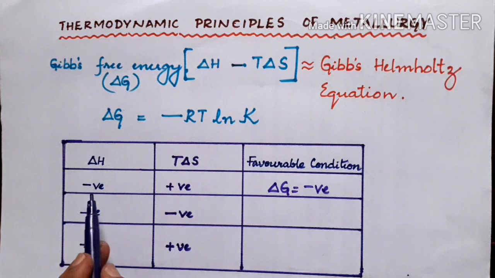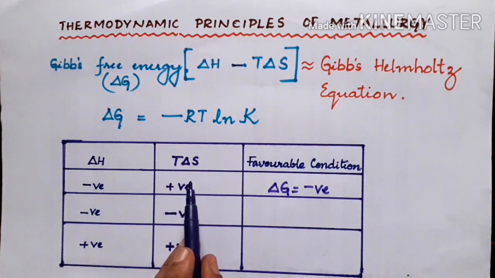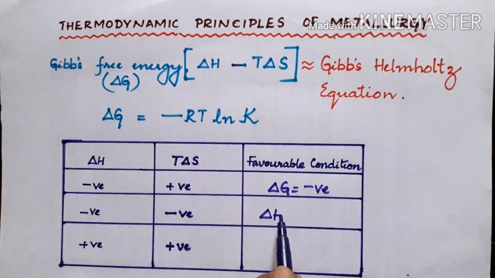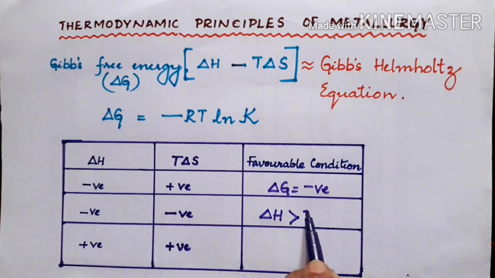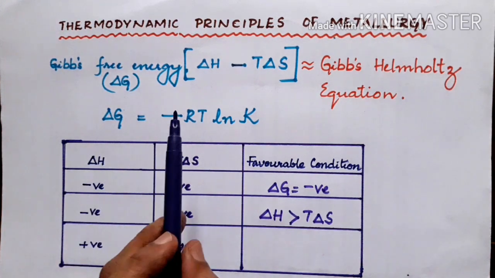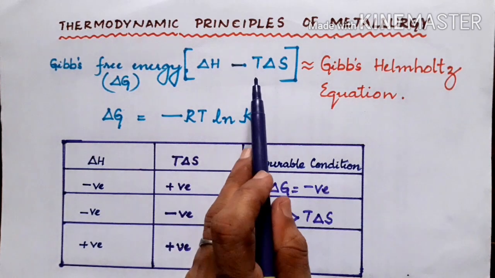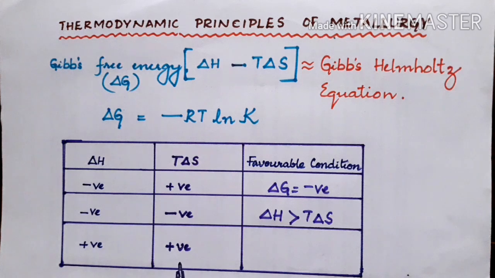Second condition: when delta H is negative and T delta S is negative, here the condition should be delta H is more negative than T delta S. Next condition: suppose delta H is positive and T delta S is positive.